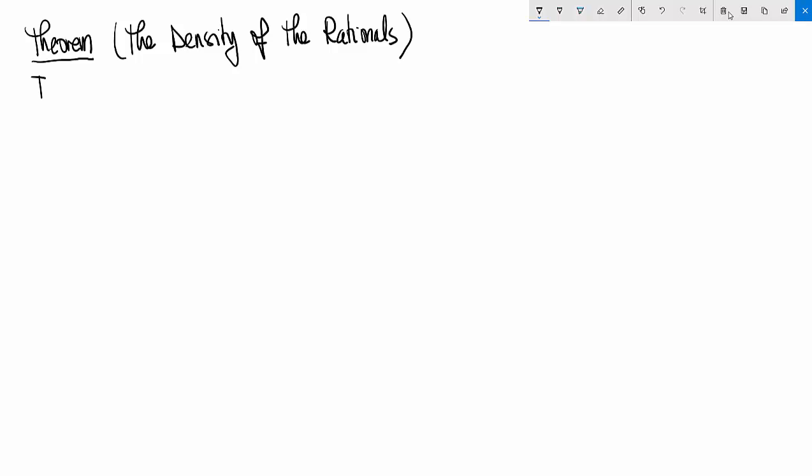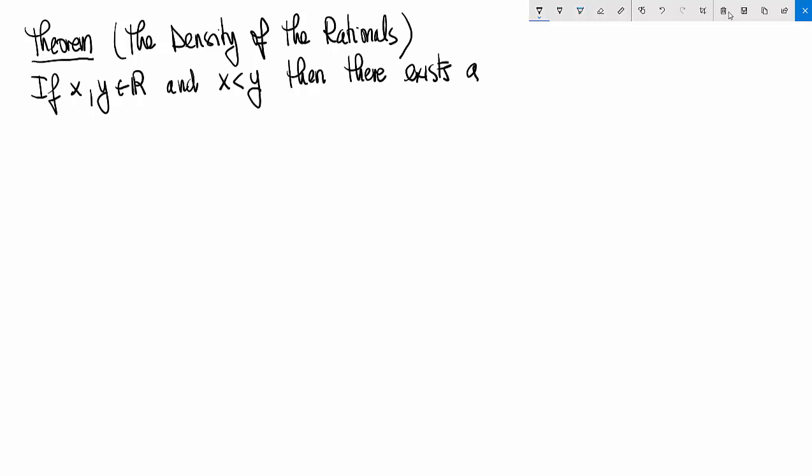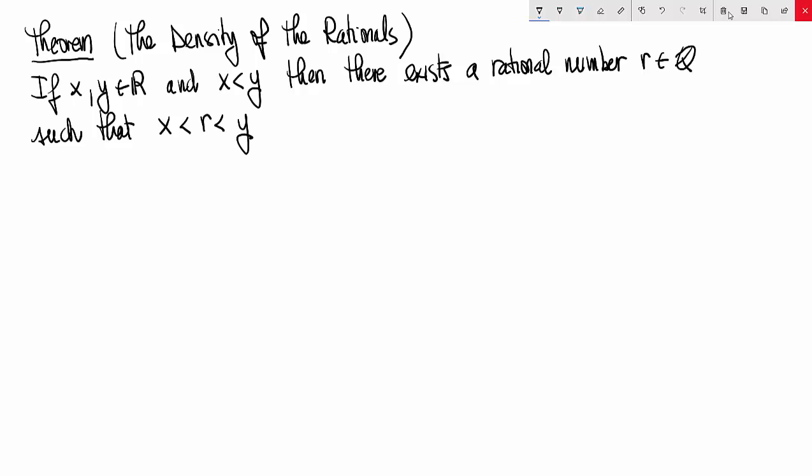The theorem is stated as follows: if x and y are two real numbers, and let's suppose x is less than y, then there exists a rational number r such that x is less than r, which is less than y.